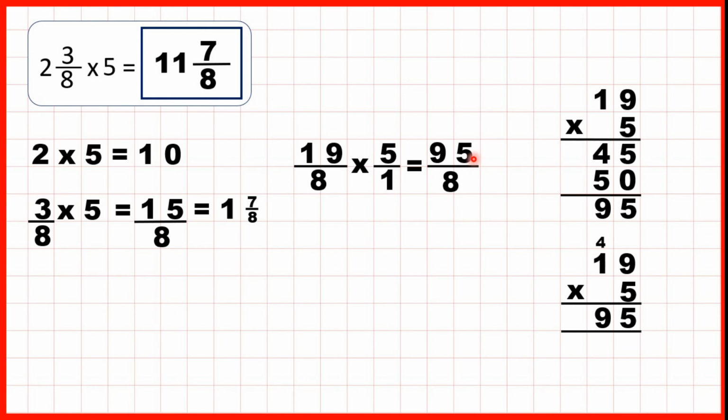So we could write 95 eighths as our answer because that's the same as 11 and 7 eighths. 95 divided by 8 is 11 remainder 7. That's because 11 times 8 is 88, and then we need 7 more to get to 95, and the denominator stays the same.